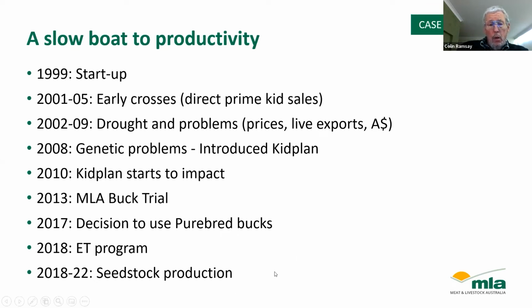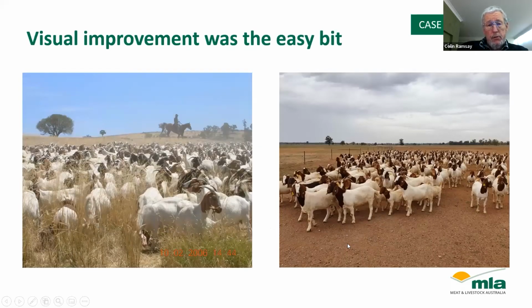And now here we are selling EBV rated seed stock from the one location in southern New South Wales. That's the history. It shouldn't take most people as long as that. We made a lot of bad mistakes, and you're welcome to learn from them. You should get there in half the time, I reckon.